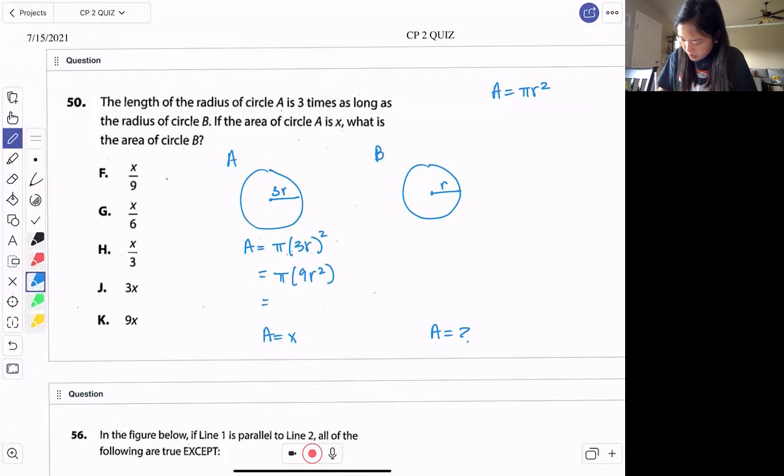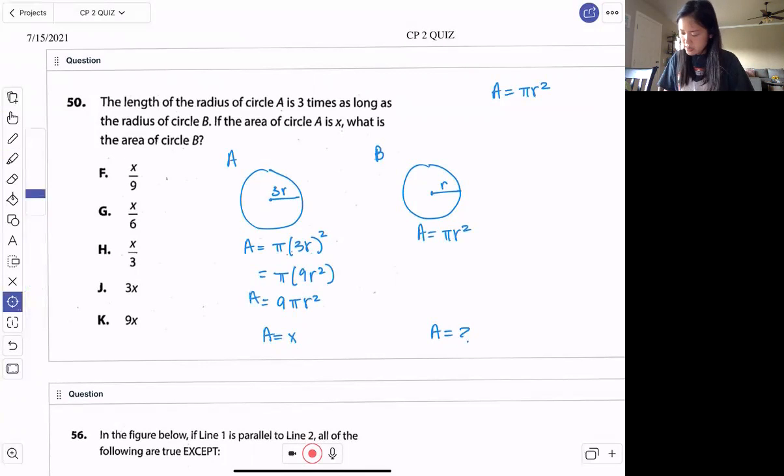So this ends up being 9 pi r squared. Okay, and then this would just be typical pi r squared. And so if we look at their magnitudes, in relationship, this one compared to this one here, A is 9 times larger.